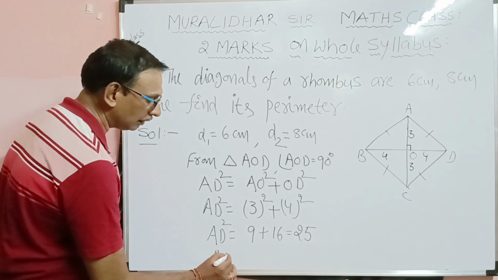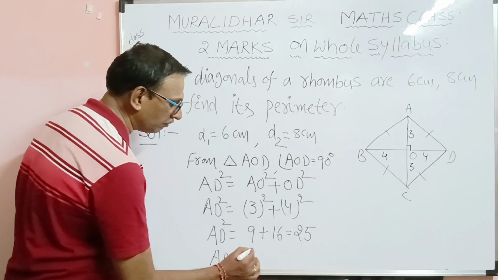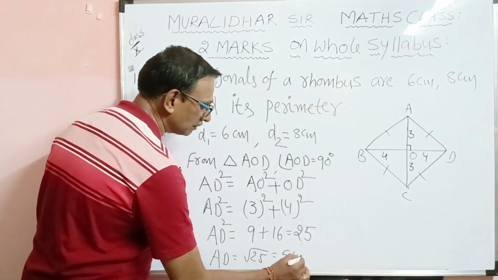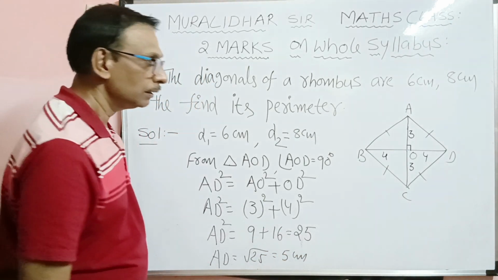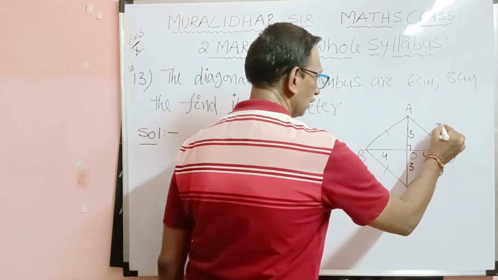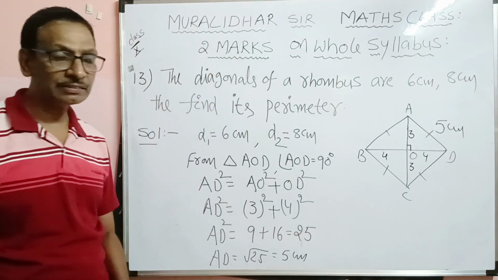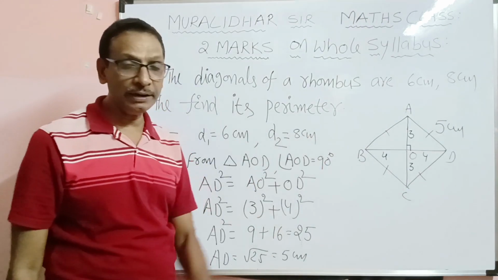AD is equal to square root of 25, that is 5 centimeters. That is, the side of the rhombus is 5 centimeters now.